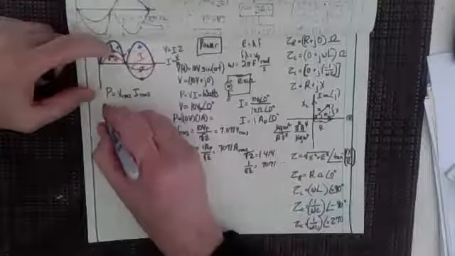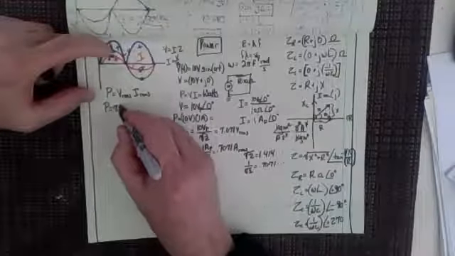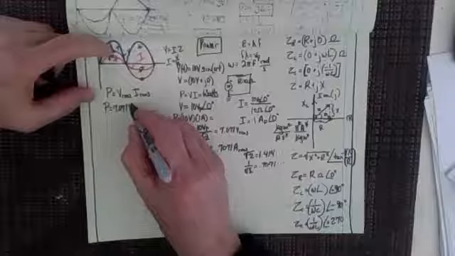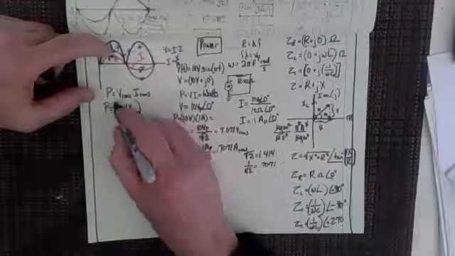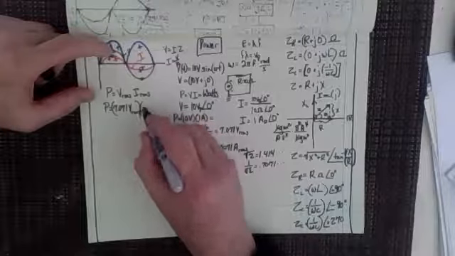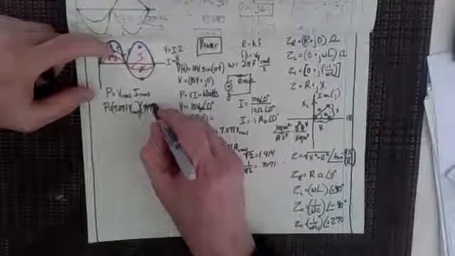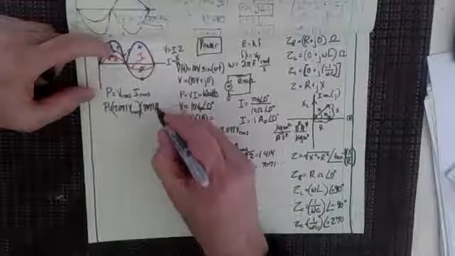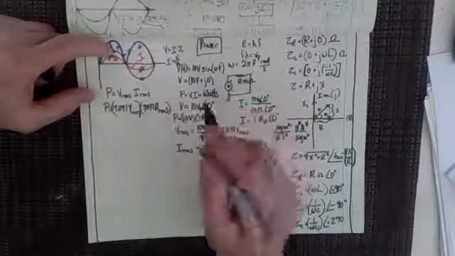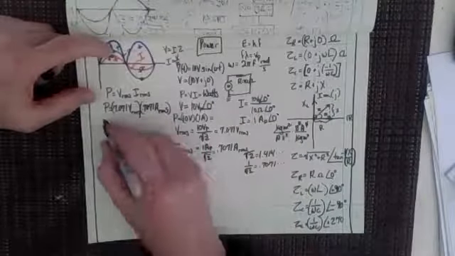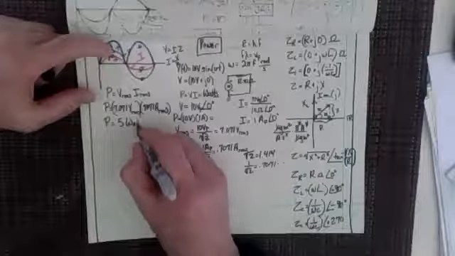So when we figure out what the power is going to be, we've got 7.071 volts RMS times 0.7071 amps RMS. All right. And of course, what you can see there is P is going to equal 5 watts.